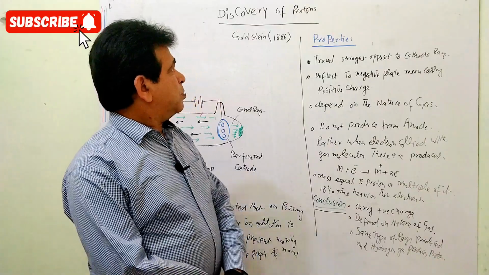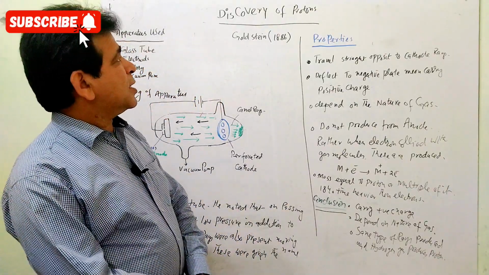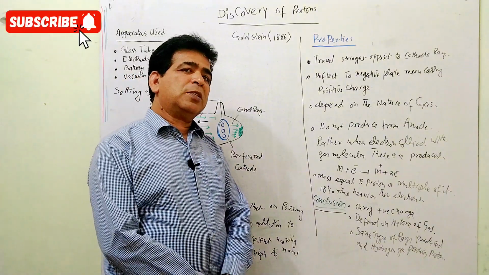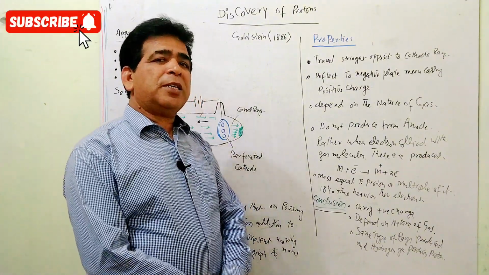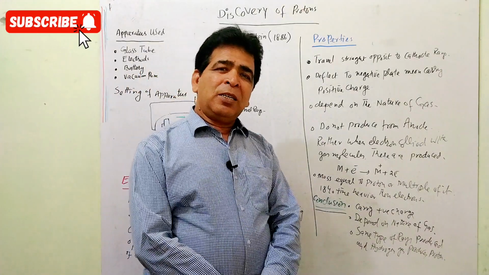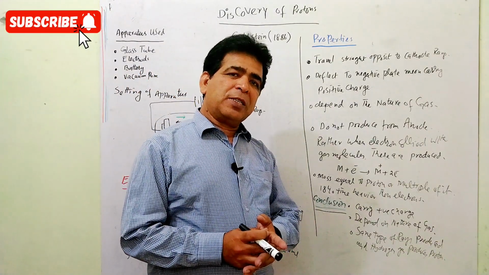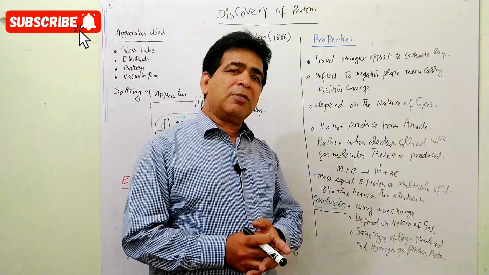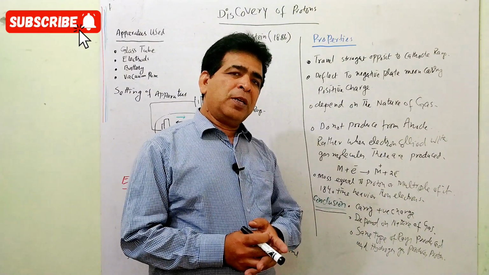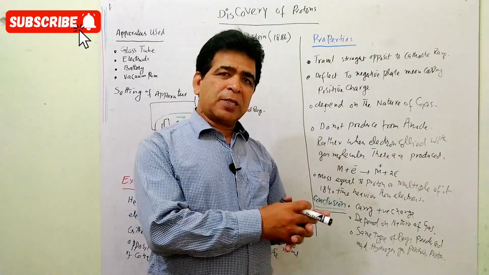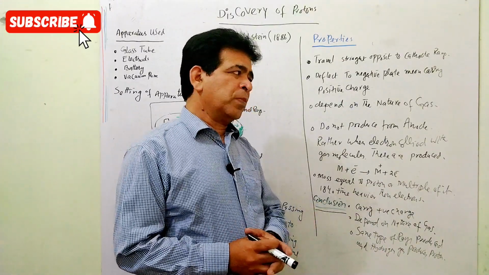Similarly, in 1886, another scientist named Goldstein also did the same experiment in a discharge tube, and he observed that in addition to cathode rays, there are other rays present inside the discharge tube. What type of rays were these? We will discuss those rays in detail.